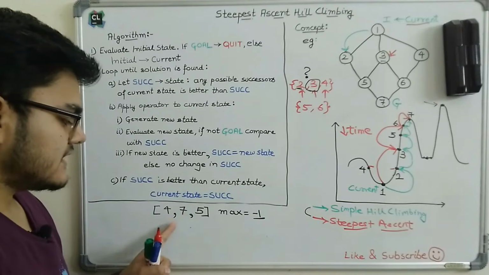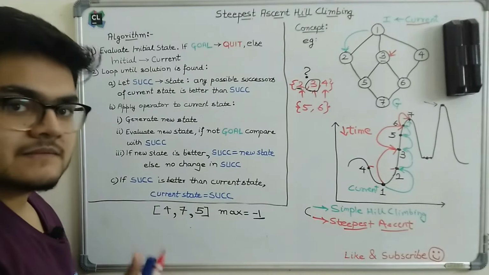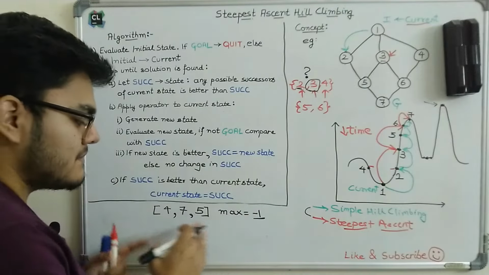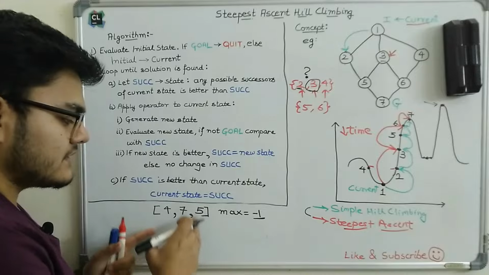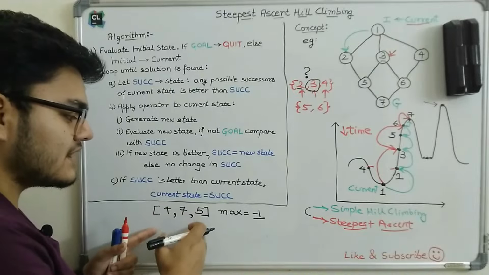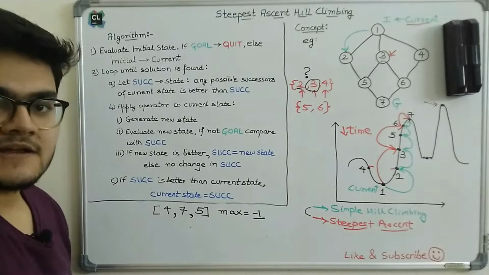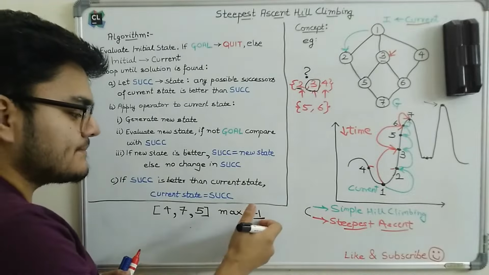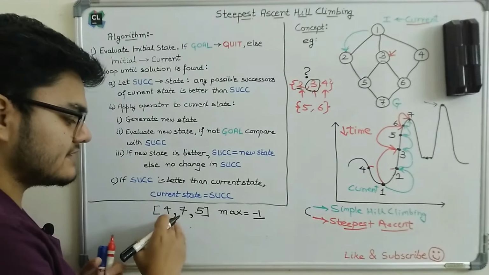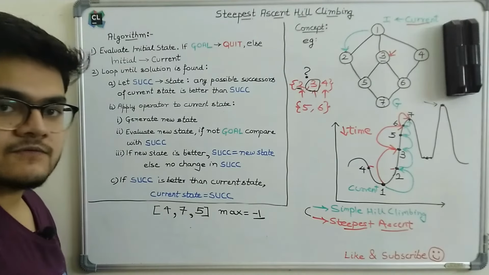I have deliberately chosen -1 because all the positive numbers inside this array are better than -1. So we deliberately chose a value which is always lesser than the elements inside the array.